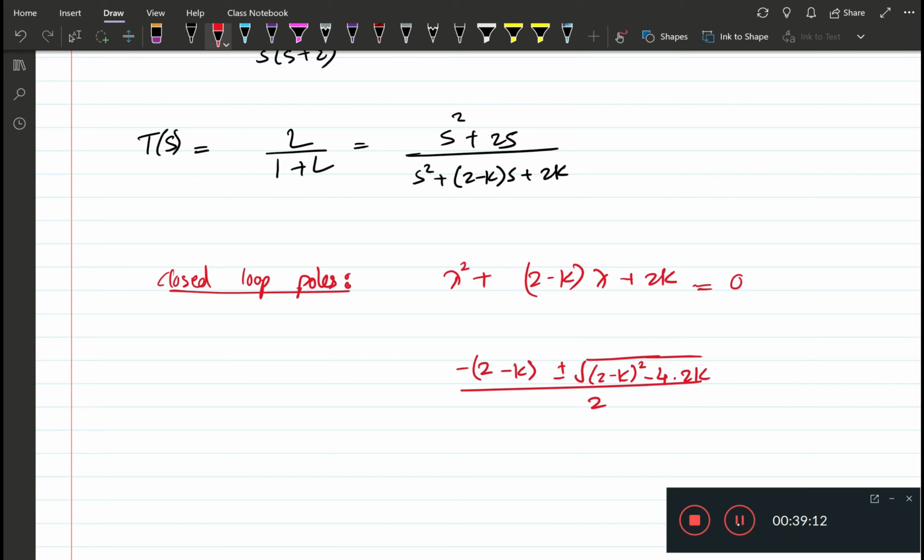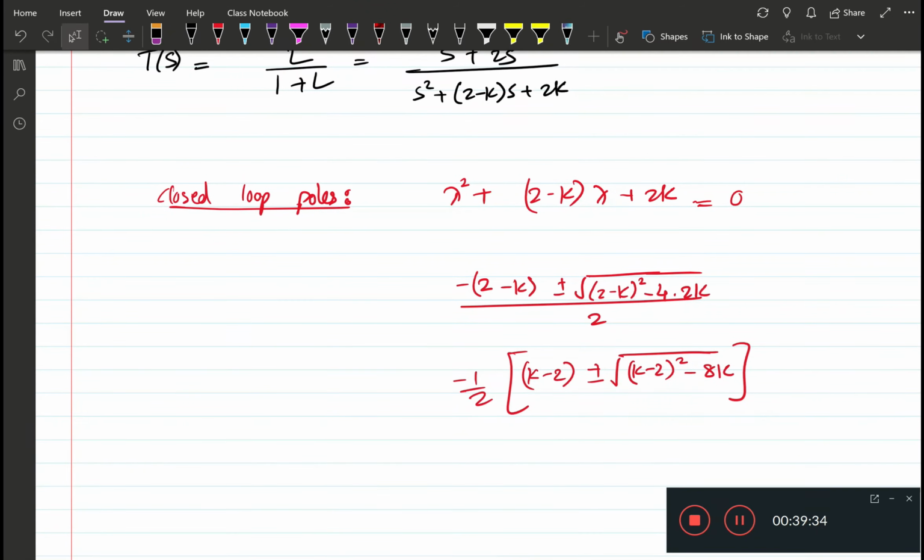Now let me just write it like this: minus of, so pull the minus inside, (k minus 2) plus or minus the square root of (2 minus k) squared, which is just the same as (k minus 2) squared, minus 8k.